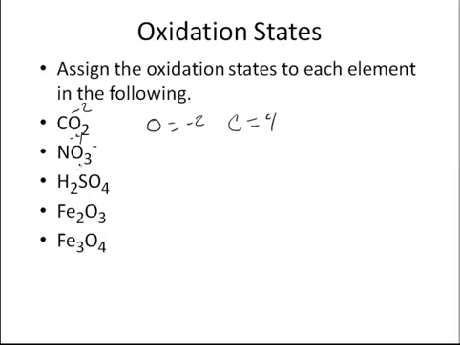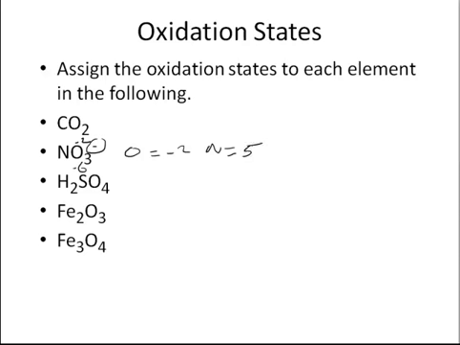Nitrate. All right, let's try nitrate. Oxygen again is -2. There's a total of 3 of them, so that's -6. So what plus -6 equals -1? And in this case it equals +5.